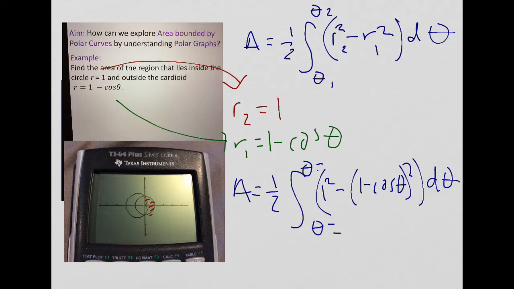This is where it may be a little bit tricky. We see where these intersect, as well as the top part of where our region starts, and the bottom part, where it starts or ends. So we can see that this is pi over 2. And if we go around this way to get to this angle, which is how it's being graphed, it's 3 pi over 2 down here.